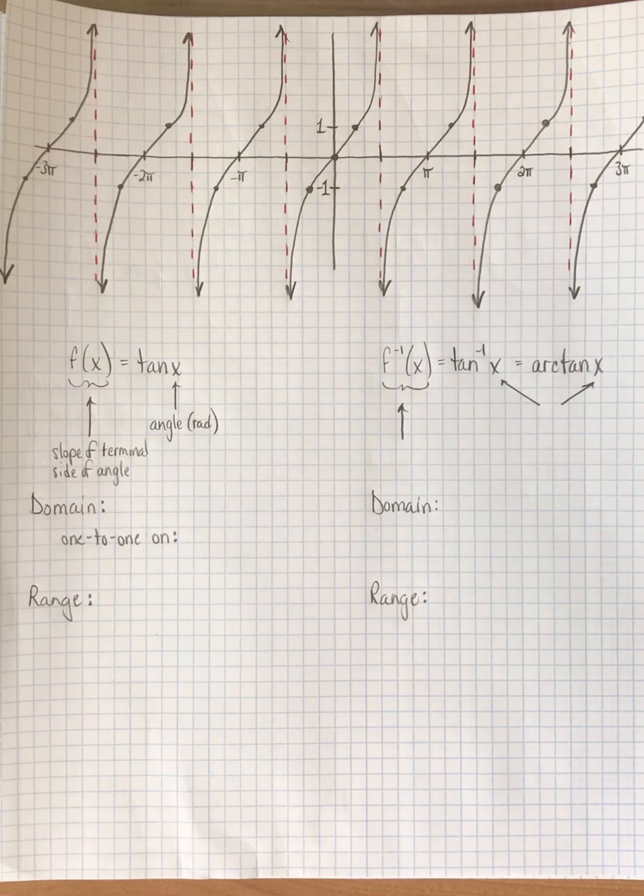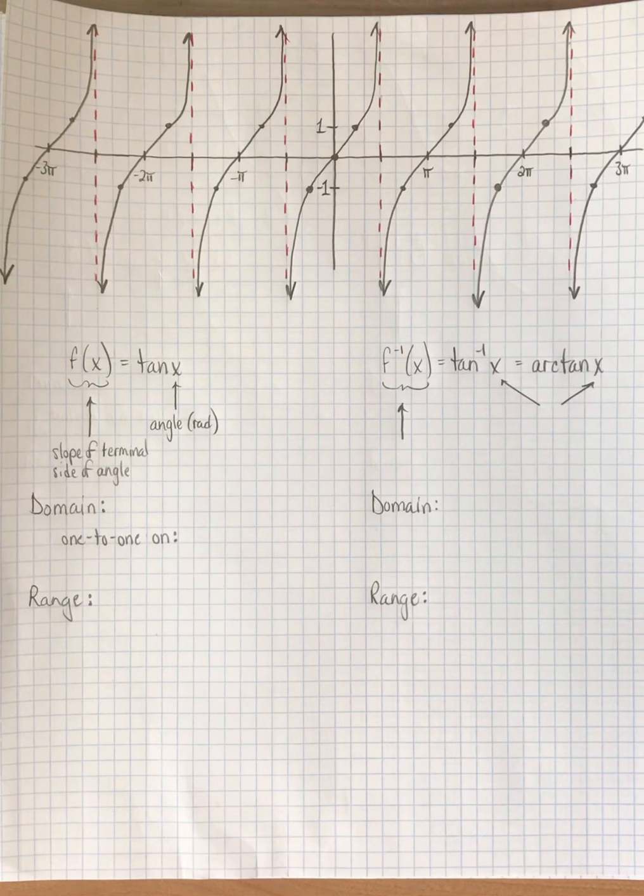So, those things kept in mind, the domain of the tangent function is interesting. Most angles produce a terminal side that has a measurable slope. There's only a few that don't.